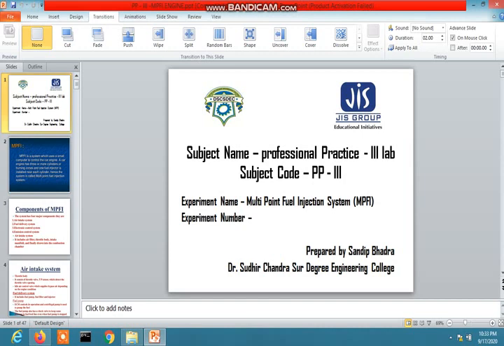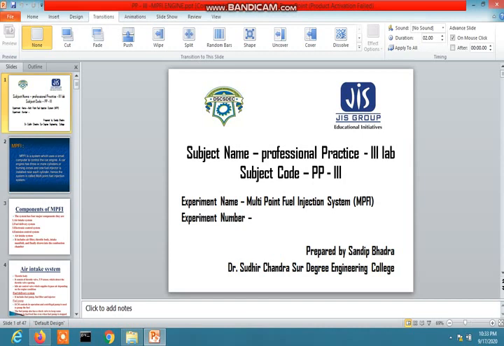Second, to improve the breathing capacity, that means to increase the volumetric efficiency. Third, to eliminate detonation. And the last one, to prevent fuel loss during the scavenging process of the engines.